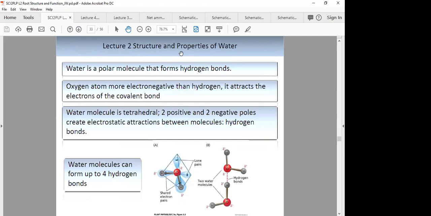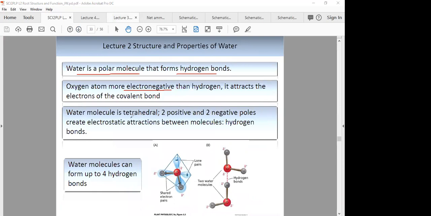I know you all remember that water is a polar molecule. You know that water molecules form hydrogen bonds. You remember the concept of electronegativity, and that oxygen is more electronegative than hydrogen, so of course it attracts the electrons within the covalent bond between them.